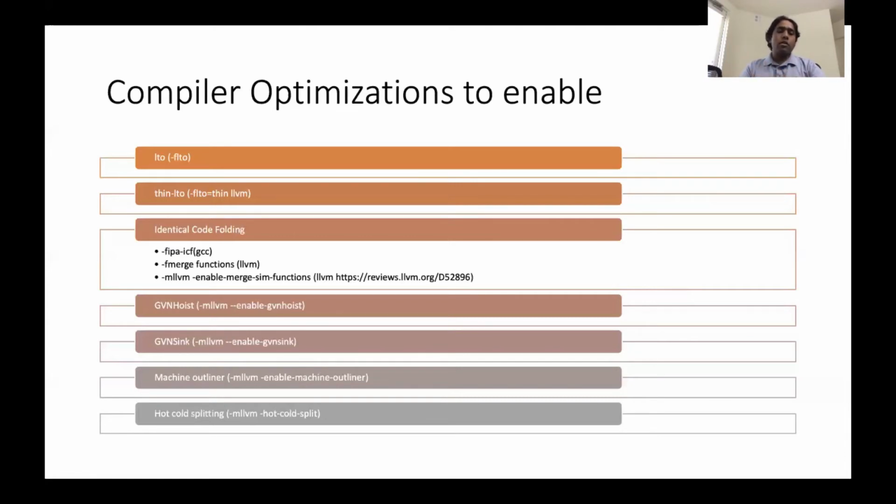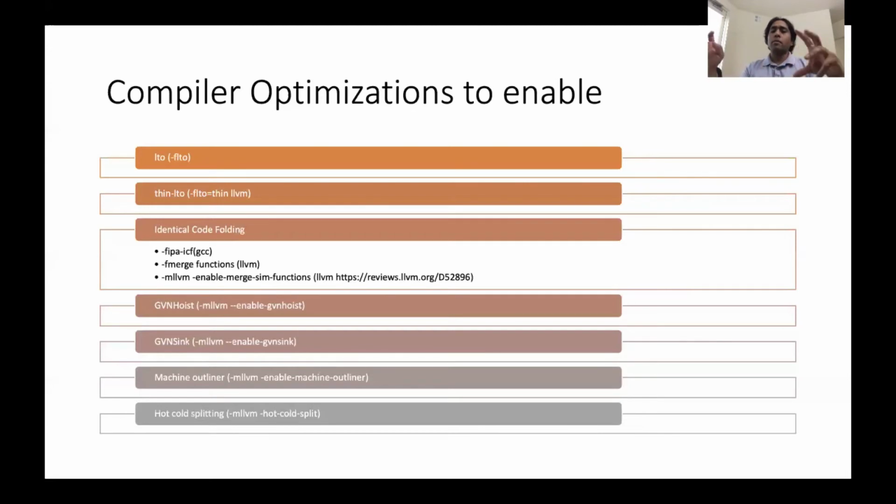The last one is called hot cold splitting. This can save code size, but you have to use this in conjunction with merge function or identical code folding. What hot cold splitting does is it moves out certain pieces of code from a function, and those pieces of code are actually cold, meaning they are less likely to be executed.